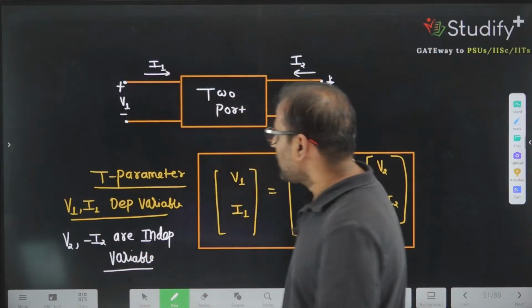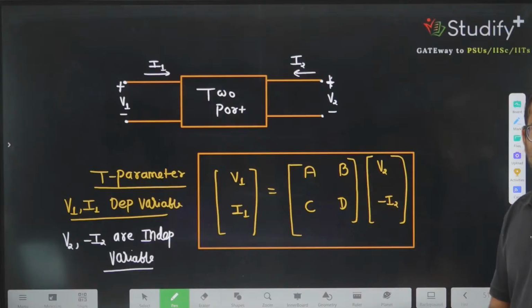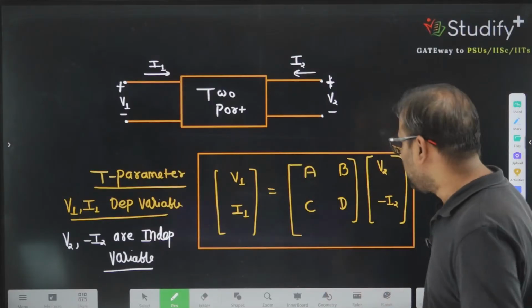So this is the whole idea of having this ABCD parameter.